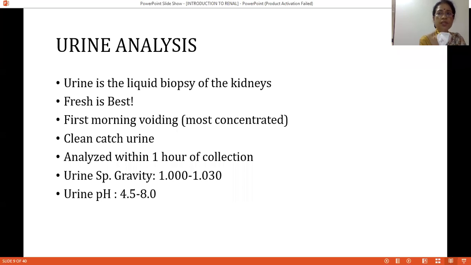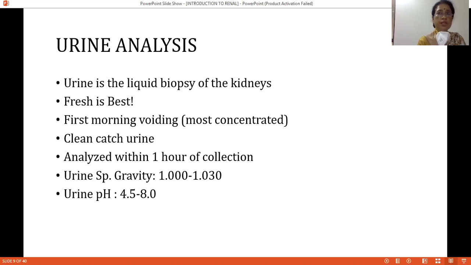Clean catch urine means before collecting the urine, you have to wash the genital part with soap, and after that you take the midstream urine in a sterile vial. That urine should be analyzed within 1 hour of collection, otherwise you will miss some findings.